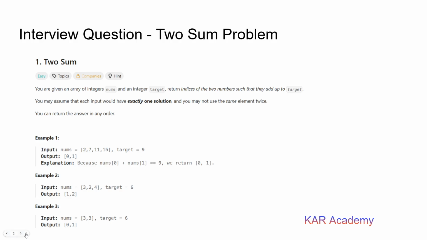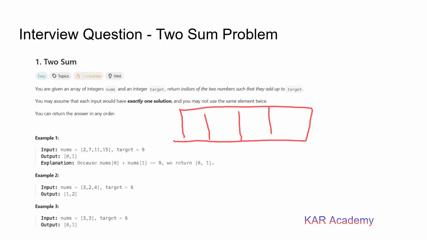So let's take the first example. The first example looks like this. You have an array with four elements. The first element is 2 and the second element is 7, and then we have 11 and we have 15.